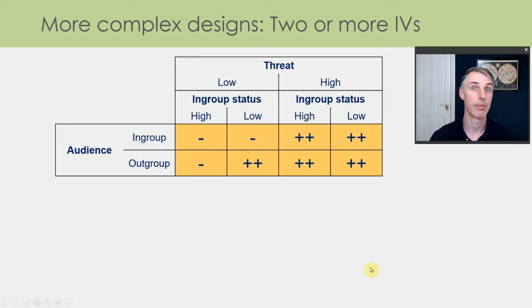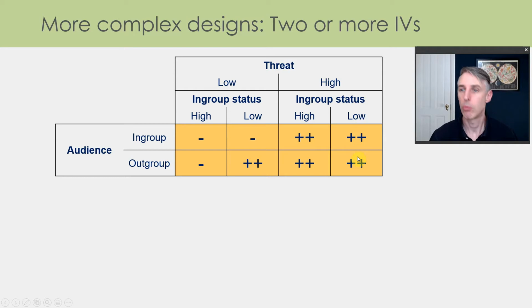Okay, again, a schematic representation can really help. Here we have, again, the effect of high versus low status, but now it's also broken down by low and high threat. So over in the high threat condition, we're pretty much saying we're probably not going to see an effect of in-group status because perceptions of conflict are just going to be high across the board.